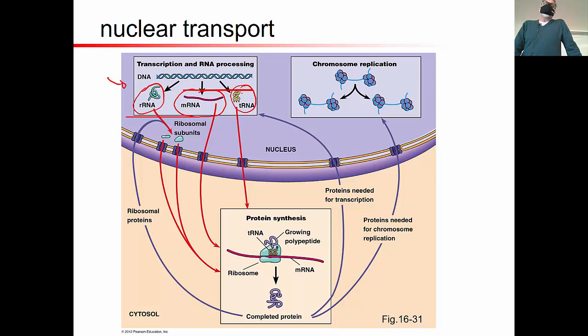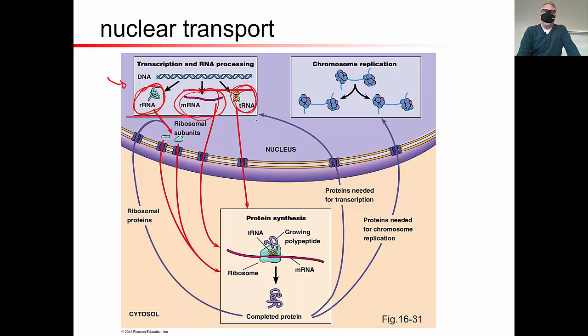So the processes of transcription, of course, have to be mediated by proteins, the RNA polymerase, and a whole bunch of other proteins. Proteins are actually made, though, in the cytosol. So what this means is that all of this RNA, the ribosomal RNA, mRNA, and tRNA, are all required to make proteins.